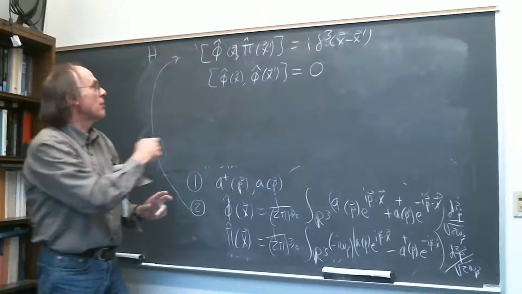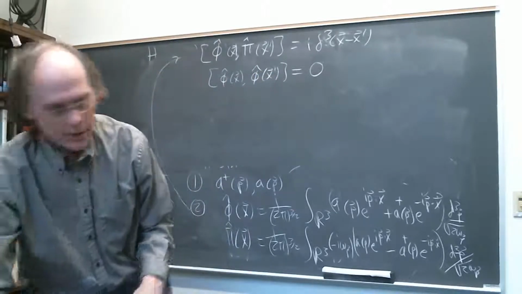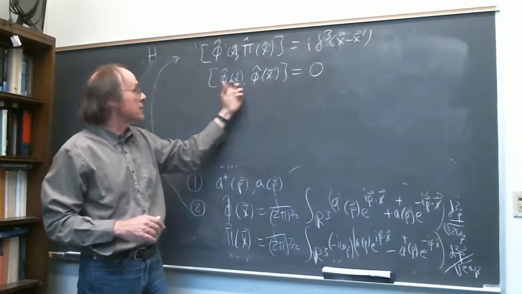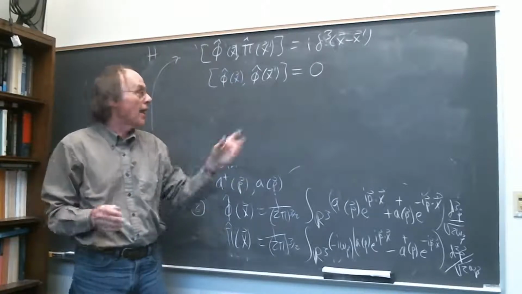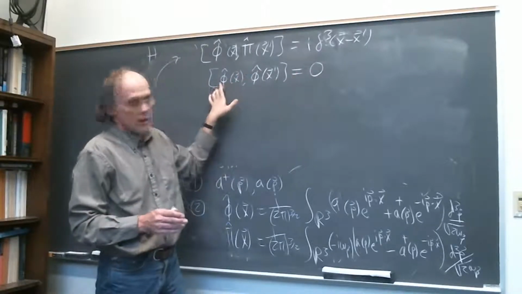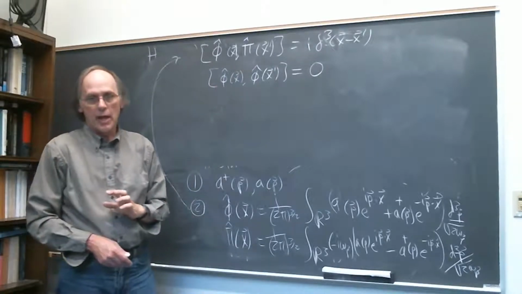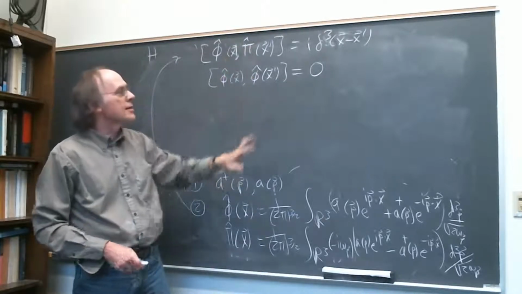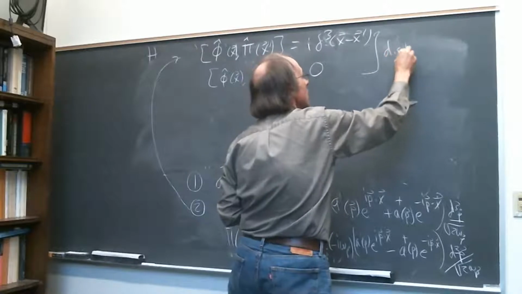So you should think of these operators as saying that at a given time you've got this infinite number of operators, one at each point, and they're all commuting with each other, so they can be simultaneously diagonalized at a given time. But the thing which is tricky about this is that these are really distributional.